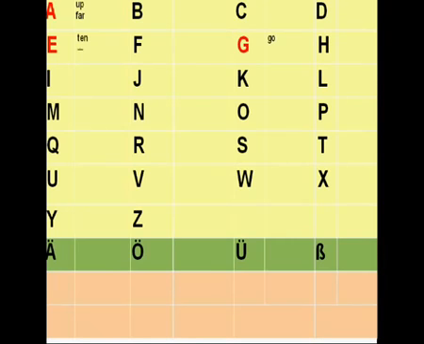Then there's the letter G. G can be pronounced in many different ways in English. In German we only pronounce it like in go. The letter E, we only pronounce it like in it or in easy as the stretched version. Then the letter J, we only pronounce it like in yes.